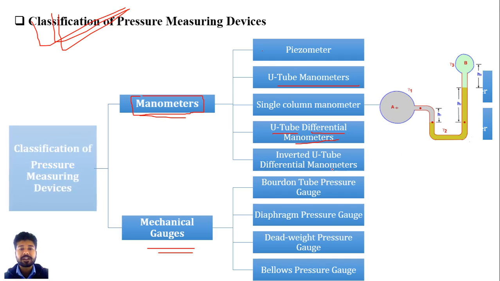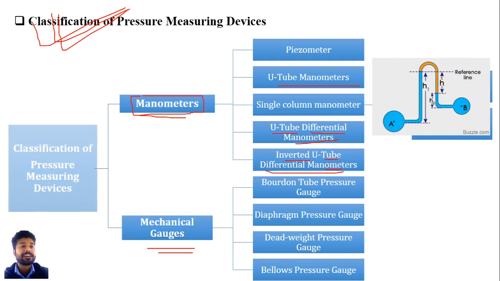Next type of manometer is the inverted U-tube differential manometer. Here is the diagram for the inverted U-tube. You can compare: this one is the U-tube and this one is your inverted U, the reflection of this U. Differential means there are again two pipes where we are going to find the pressure difference between pipe A and pipe B, and yes, it is the inverted type.